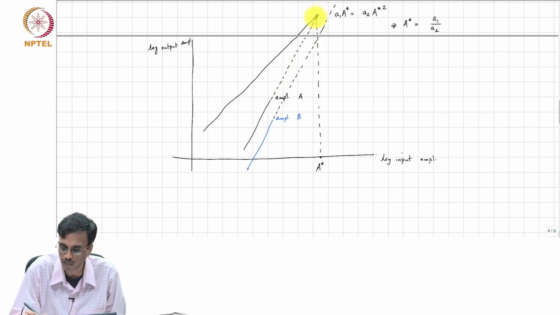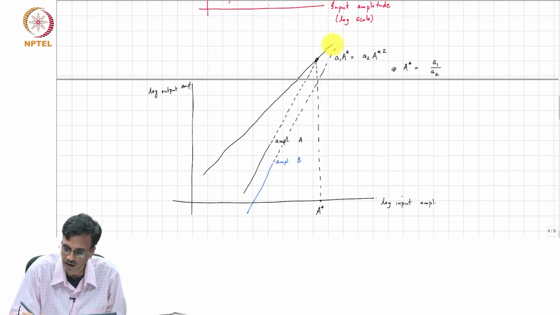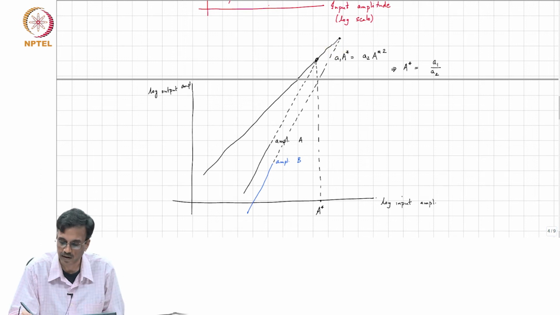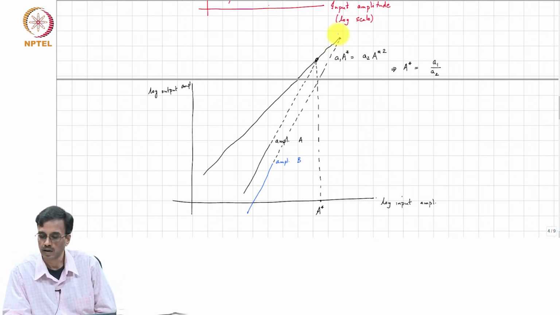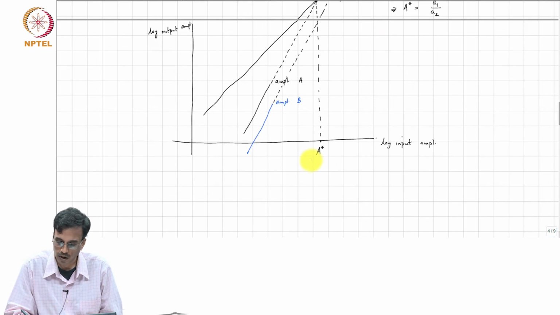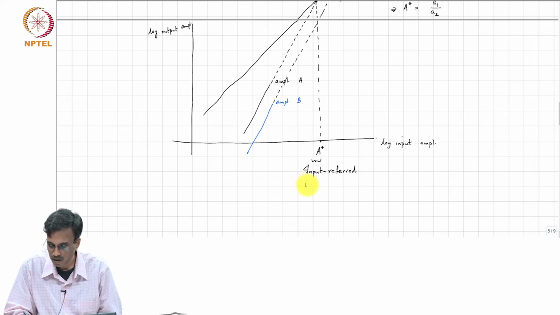I can see that for amplifier B, which is more linear, these two curves will intersect at a higher point. This is what is called the input referred second order intercept point.